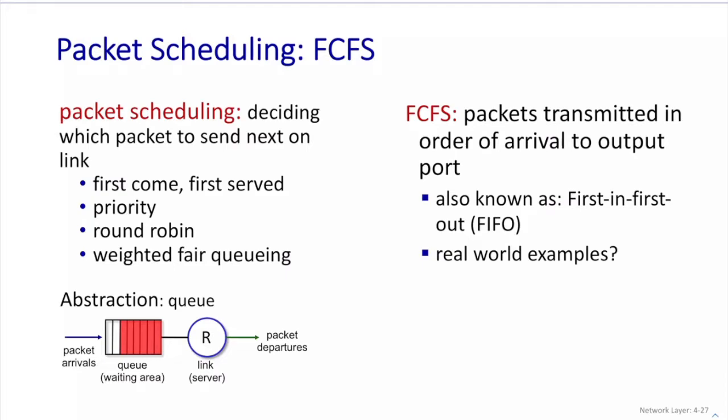Actually, it is a queue, very straightforward. The router serves the head of the queue first, and if a packet arrives and the queue is full, it simply drops the arriving packet. A real world example is going to the train station to buy a ticket, right?